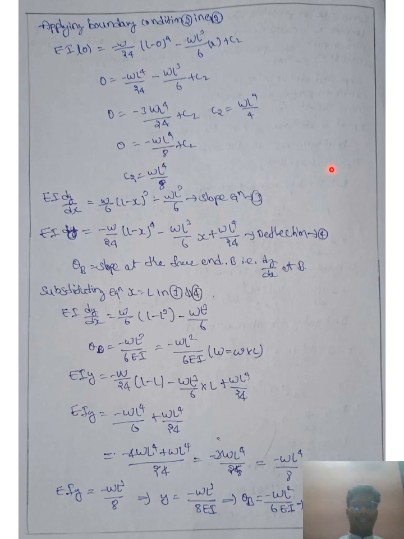E I into 0 equals minus W by 24 into L power 4 minus W L cube by 6 into 0 plus C2, which gives 0 equals minus W L power 4 by 24 plus C2. Now finding the C2 value, it becomes W L power 4 by 24 minus W L power 4 by 8.